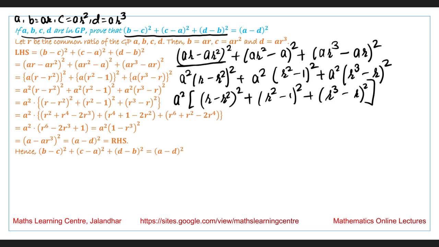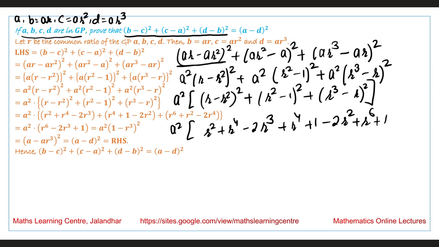Now if we apply the formula over here, we are having a square into r square plus r raised to the power 4 minus 2r cube, then plus r raised to the power 4 plus 1 minus 2r square, then plus r raised to the power 6 plus r square minus 2r raised to the power 4.